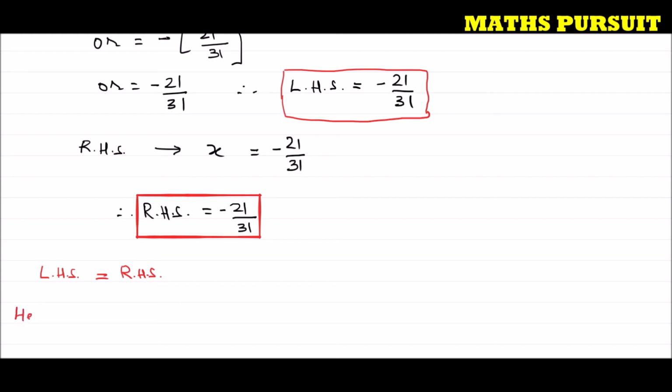Hence it is verified that minus into minus x is equal to x. How did we verify? We proved the left hand side equals the right hand side. In that way we verified that the given statement is correct, using the number that the question has given to us.